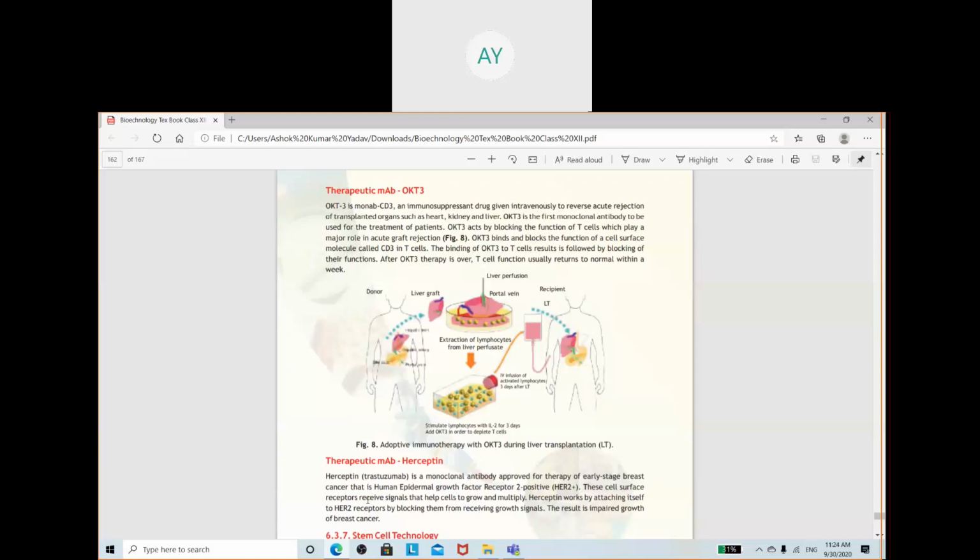So this will impair the growth of breast cancer, meaning it stops the growth of breast cancer.